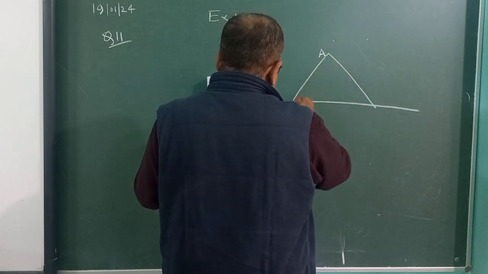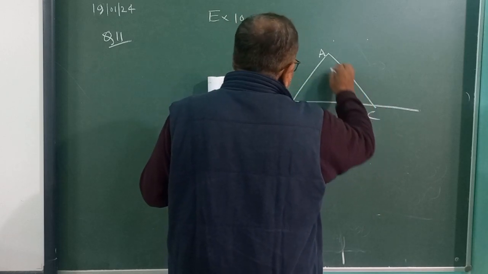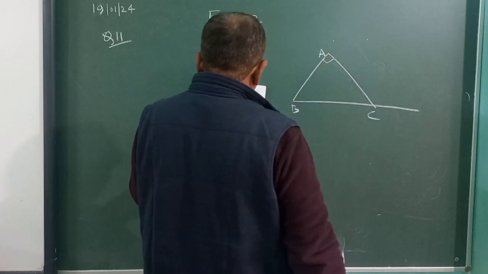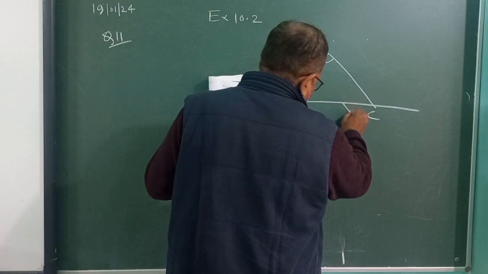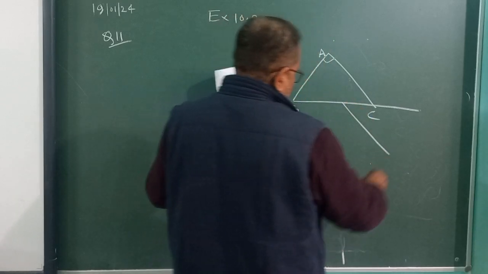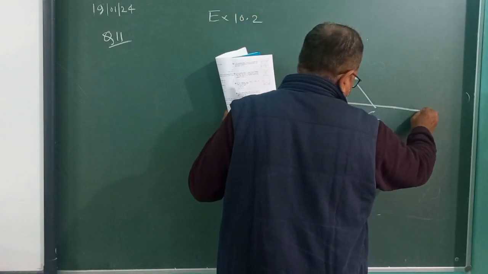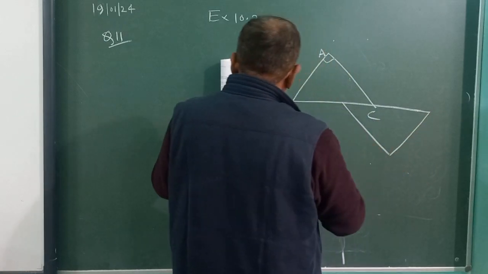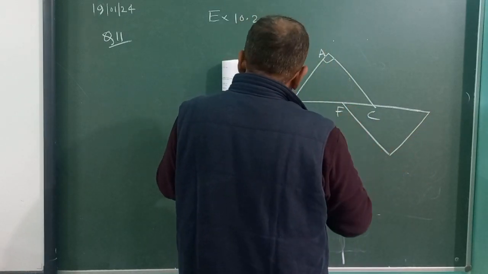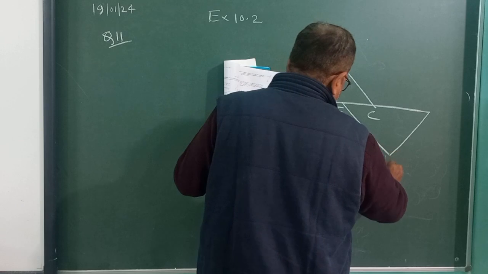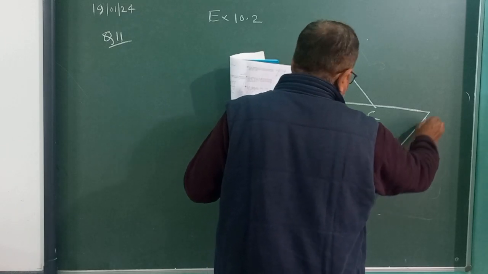It is a triangle ABC in which angle is 90 degree. Next triangle is FDE.